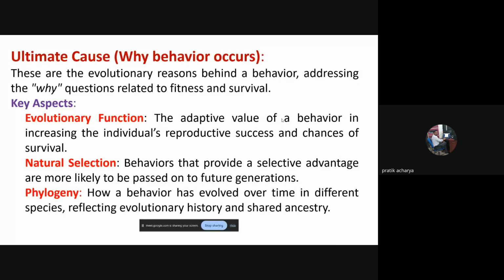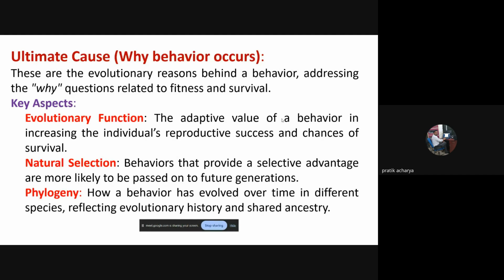Natural selection provides the selective advantage and is more likely to be passed on to the future generation. That means the fittest one. If there is competition for resources, if there is a struggle for existence, only those organisms can survive which are fit or fittest among all. So the fittest one can survive and can transfer its genes to the next generation. That is the natural selection concept provided by Darwin.